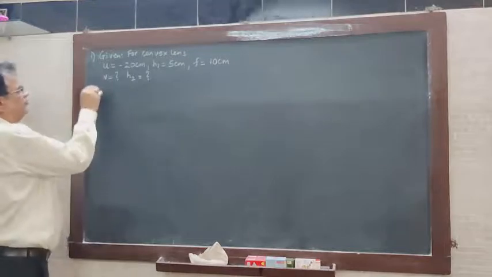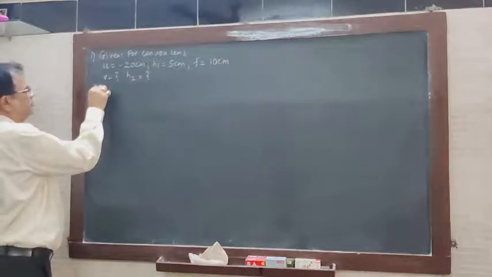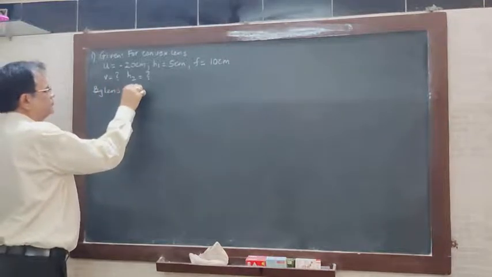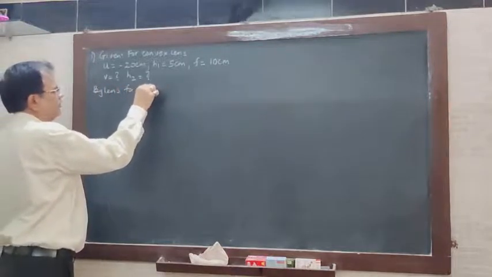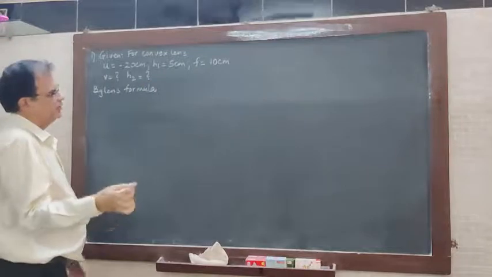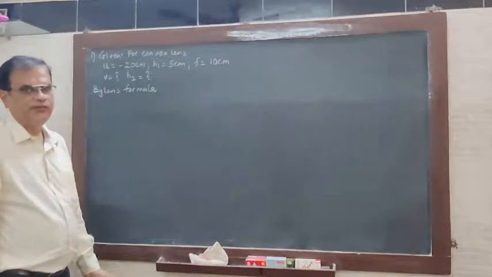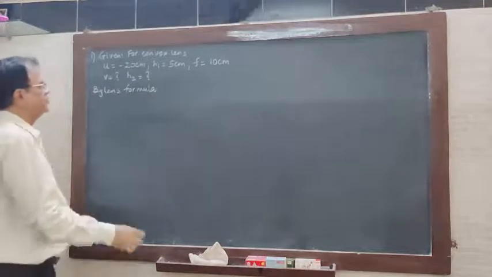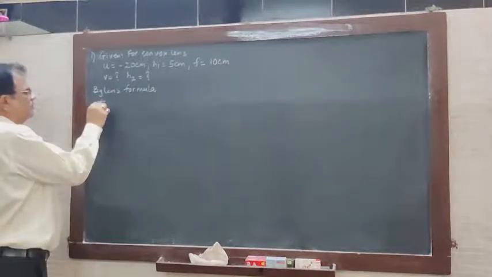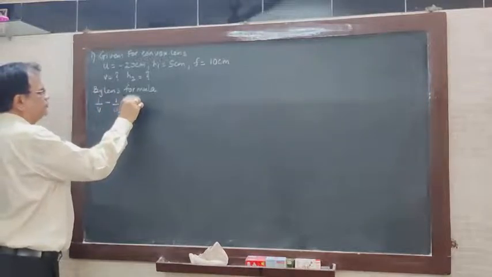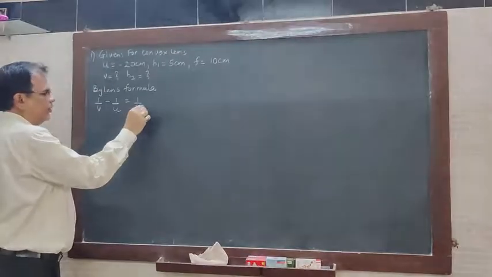Okay. So now we use the lens formula. So we will write over here, by lens formula. Now I am showing you the method I like, which is simple. You can follow any method while doing the sums, but if you find this method simple, you can follow this method also. By lens formula, 1 upon v minus 1 upon u is equal to 1 upon f.